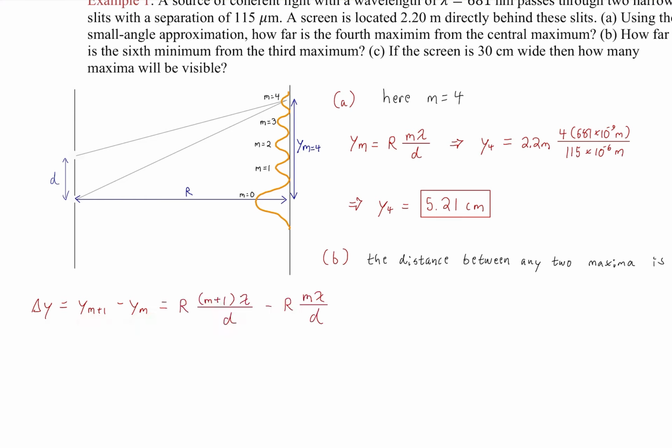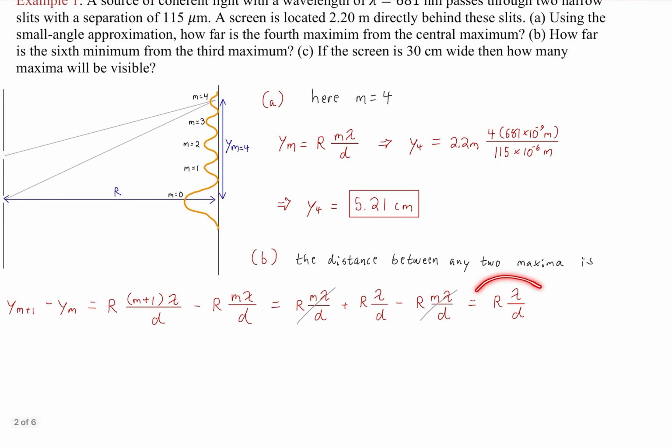So if we plug in m plus 1 for m and then plug in just m for the other, we end up with this expression here, okay? Well, then I can distribute my r, and I get these two terms that cancel out, see? Because I would have cancellation of terms. So all that's left is this. Aha, so the distance between any two maxima is just r lambda over d. Oh, that's a helpful formula.